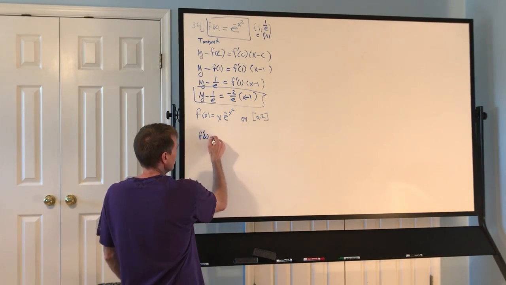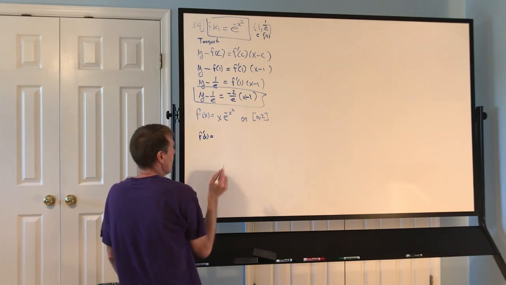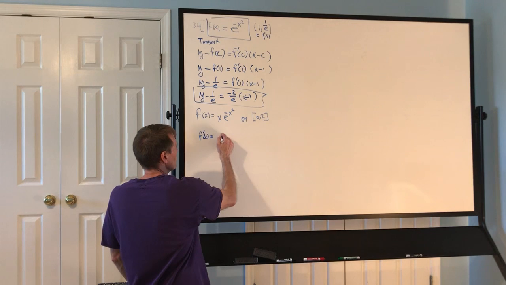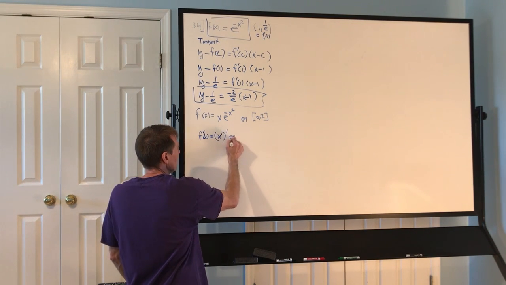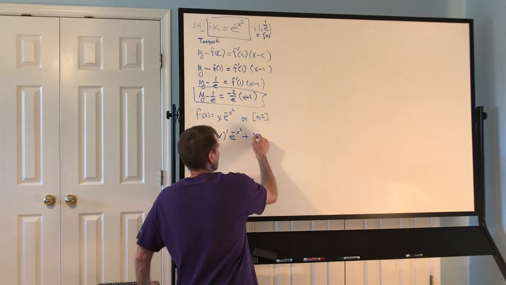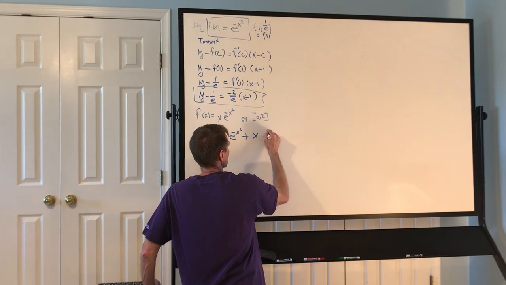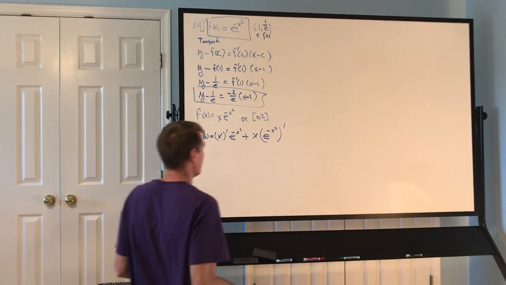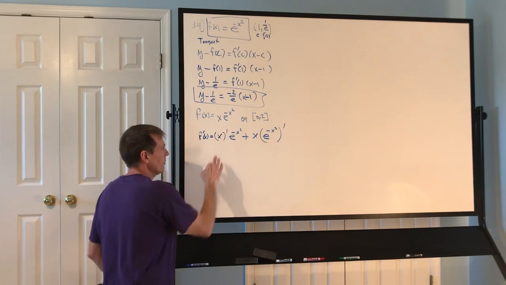I'll take the derivative. Again, I'm a little bit scared, but I'm not going to worry about it. Product rule: it's going to be the derivative of the first times the second, plus the first times the derivative of the second. And you're like, Dr. Warren, I'll never be able to take the derivative of that. You will.